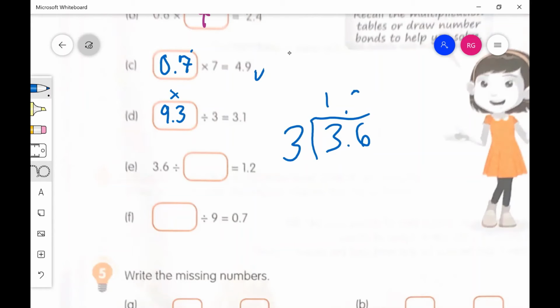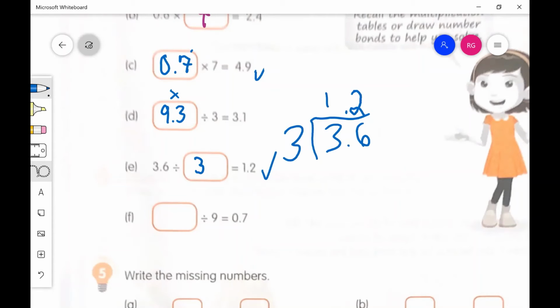Yeah, 1.2. Did we get it right? Yes, so that checks out, right? So some of these we can do in our heads. That's an example of one of them. Okay, so you should have gotten 3 for part E there, and let's move on to the next one.